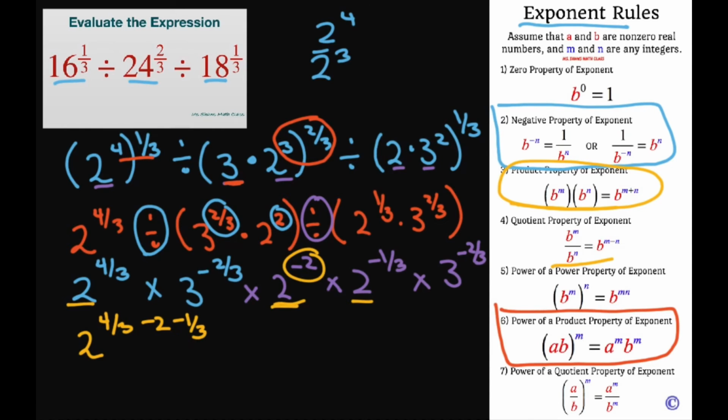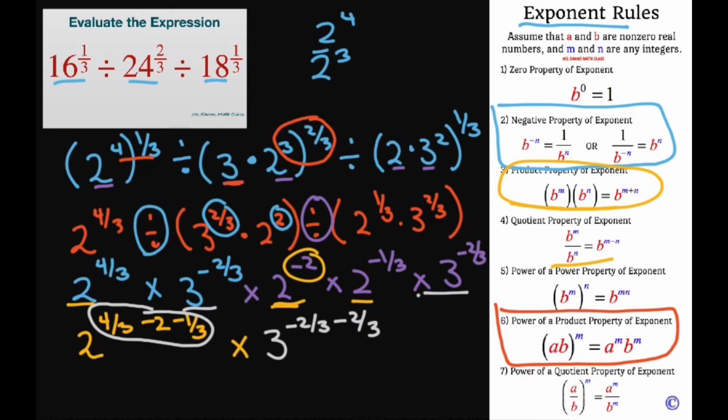All right, and now let's look at our base 3. Our base 3's are here. So that's going to be times 3 to the power of negative 2/3 minus 2/3. All right. So this is going to simplify. I'm going to try to do some of this a little bit. This is going to be negative 4/3.